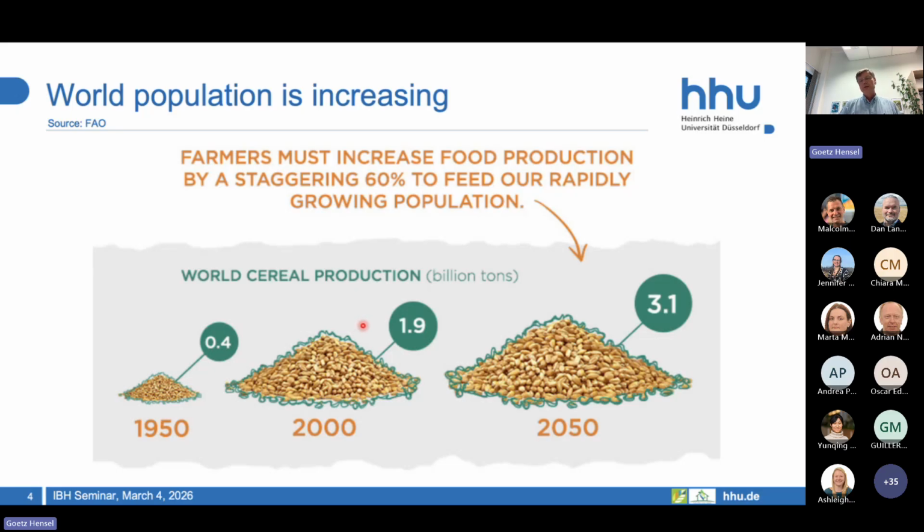And to feed all these people, which I just mentioned on the slide before, we would need another increase of 60% to feed this rapidly growing population, which is, of course, a huge increase which is needed.